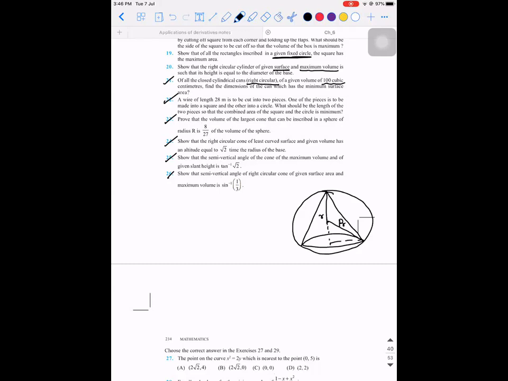Radius is given as capital R, so the radius of the sphere is capital R. The radius of the cone, let it be smaller r. So the volume of the cone is equal to 1 by 3 pi small r square into h. This is supposed to be maximum.